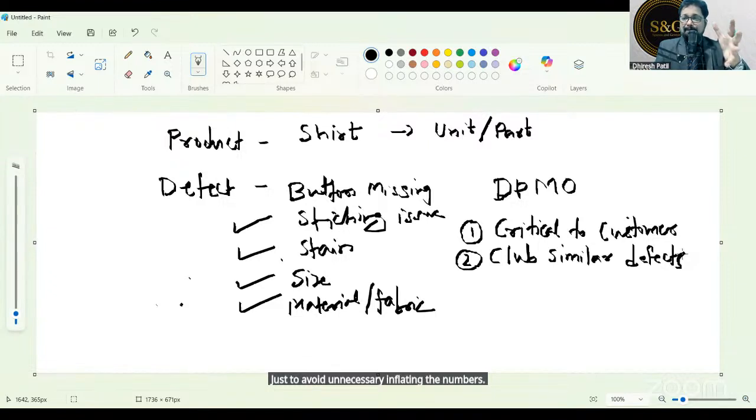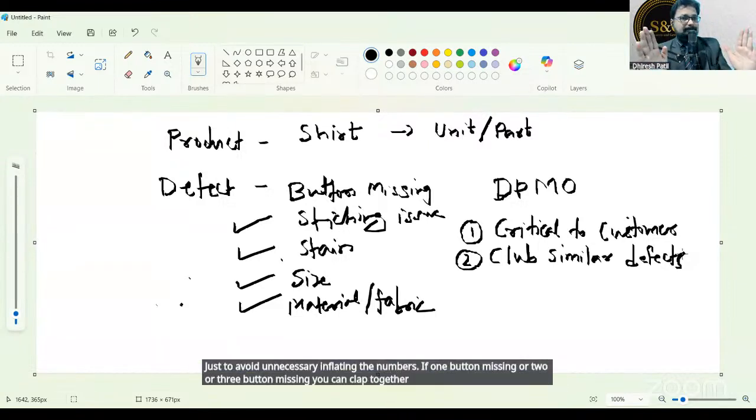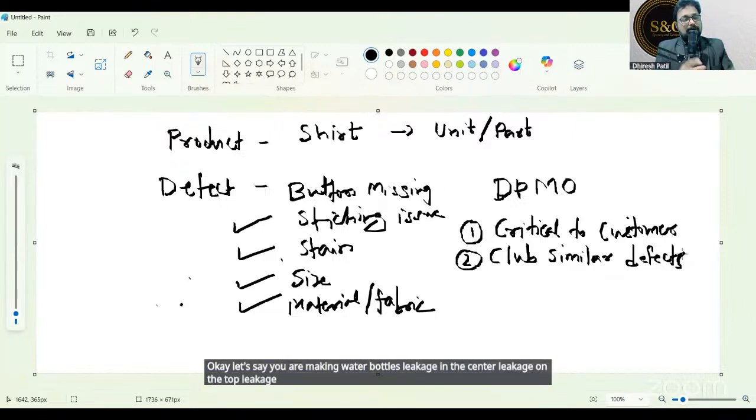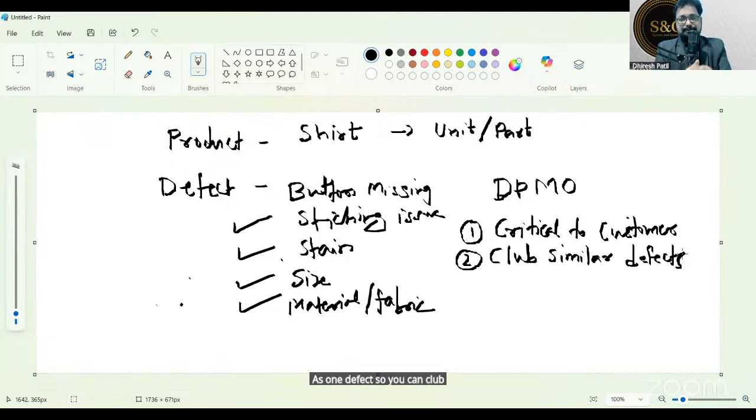If one, two or three buttons are missing, you can club them together as button missing. Let's say you are making water bottles: leakage in the center, leakage on the top, leakage on the bottom can be considered as leakage, as one defect. So you can club similar defects. Are you clear with this? So critical to the customer, and you can club similar kinds of defects.